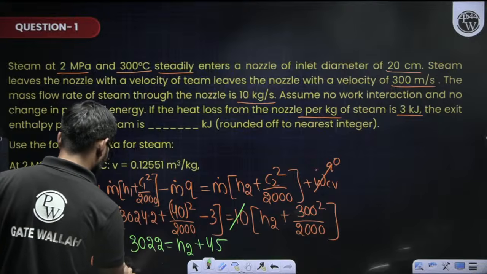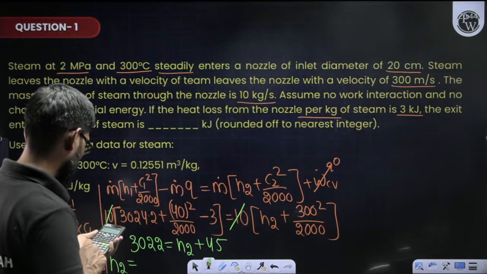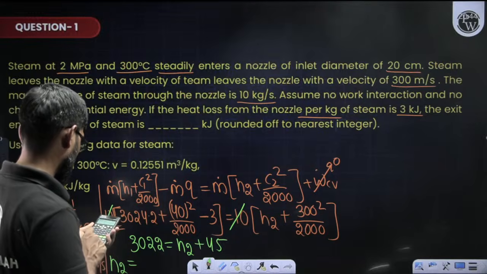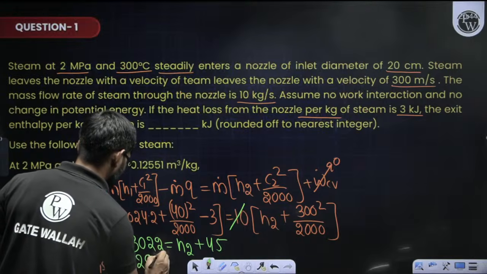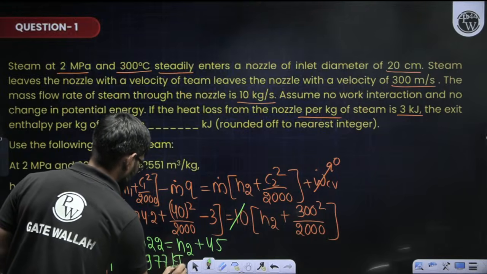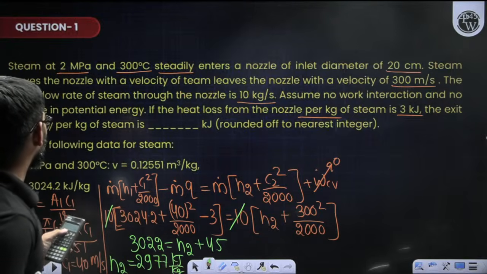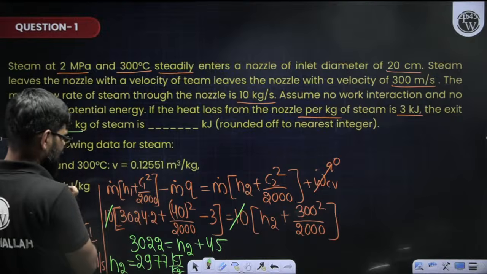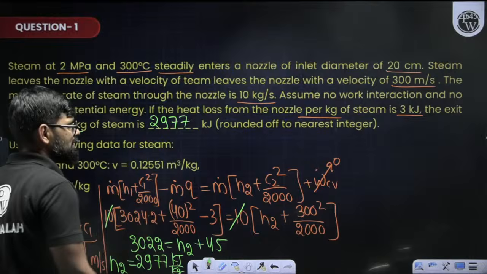So H2 will be 3022 minus 45. The correct answer is 2977 kilojoule per kg. They are asking for the answer in kilojoule per kg, so 2977 is the correct answer.